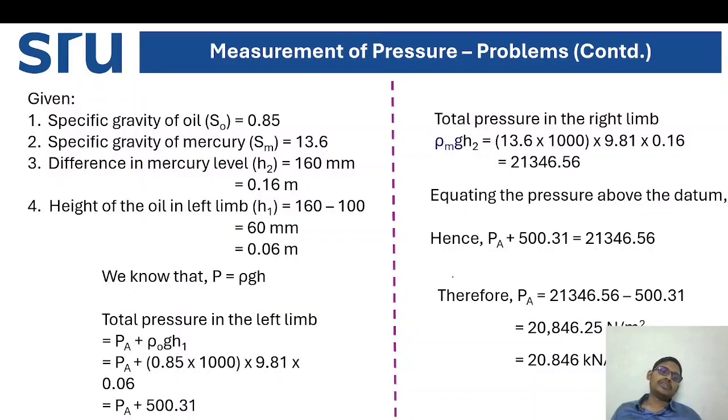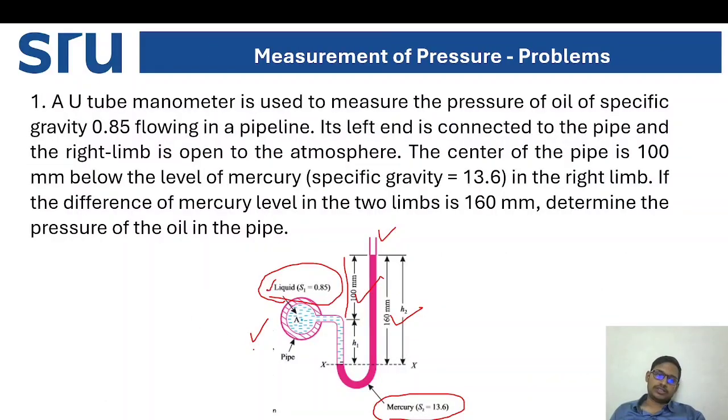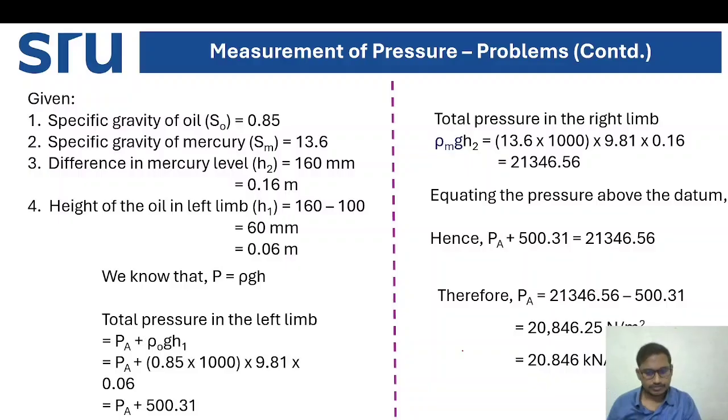We know that P is equal to rho GH, right? Before going to that, the total pressure in the left limb is equal to PA. This is PA, plus rho naught, where rho naught means with respect to oil.